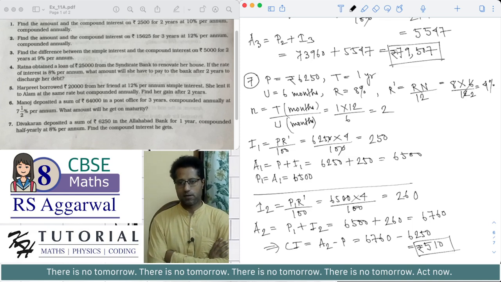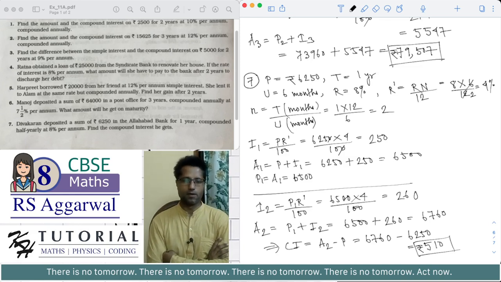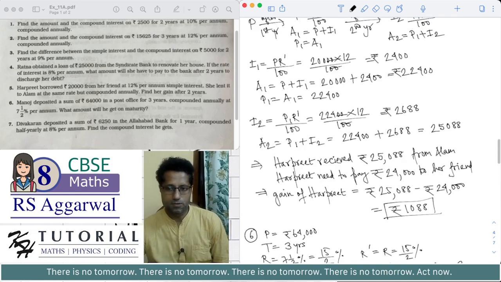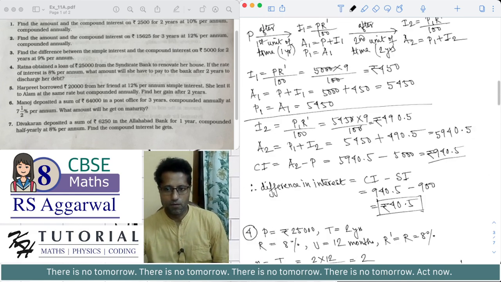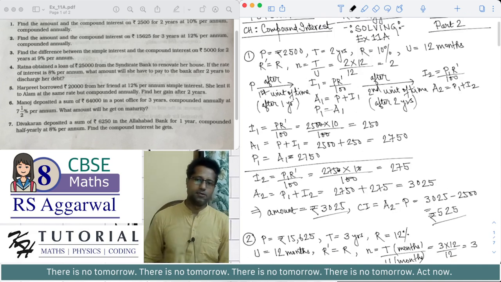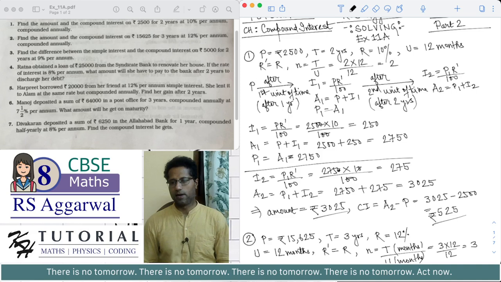So to understand the solving of these problems, you need to see my previous video, that is part 1. I hope this video was beneficial. Solving these problems will give you a better idea of how to calculate the compound interest, that is how to calculate the interest at the end of every unit of time, and finally calculating the final amount and the compound interest.